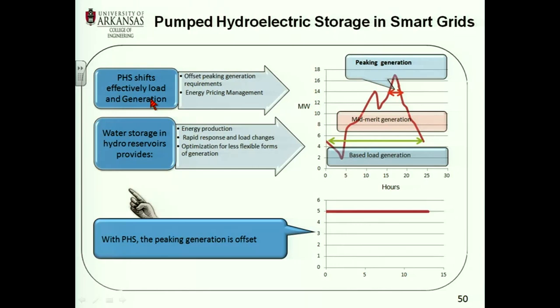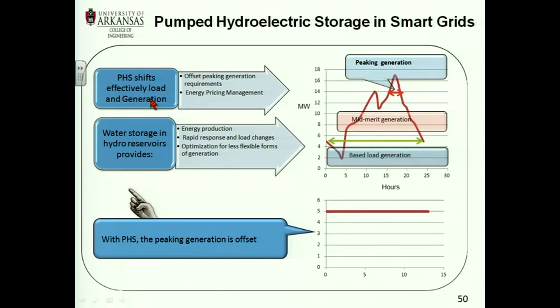What we were talking about here, remember, is that most of the time when you have wind, right, what happens? It's at 3 a.m. Everyone is sleeping. So what do I need? I need the wind to blow at 5 p.m. Right?